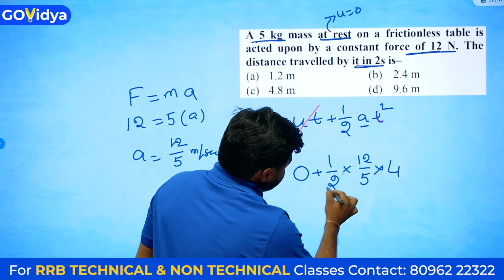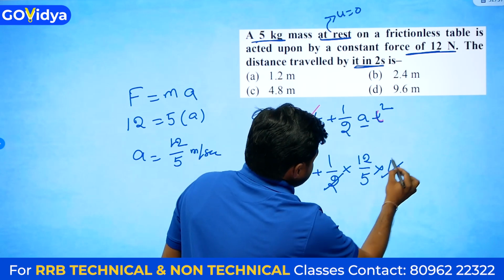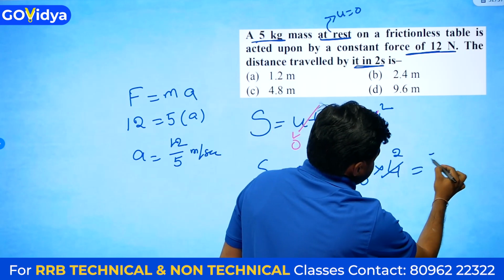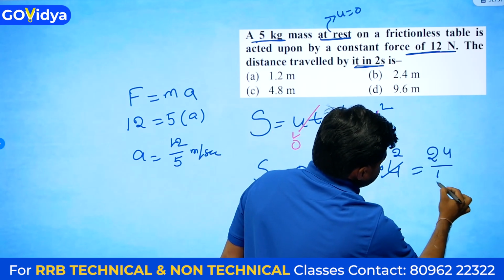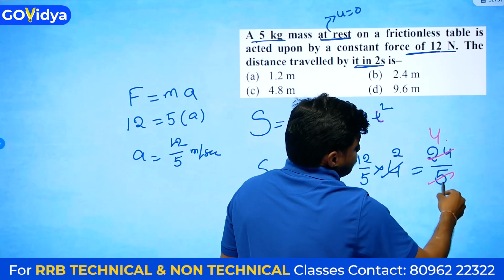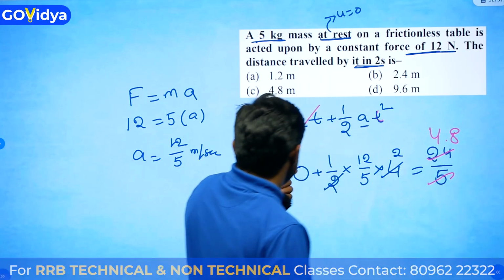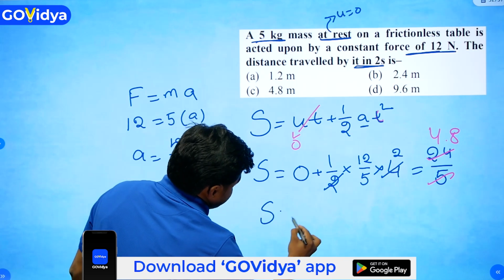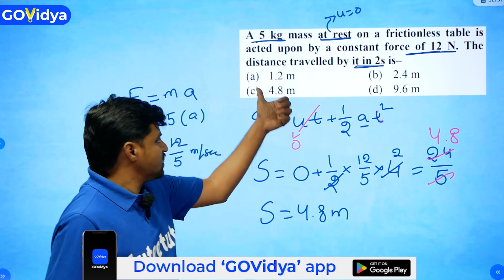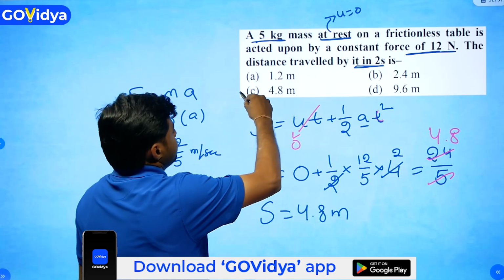Okay, 2 1 ja, 2 2 ja, 24 by 5. Okay, 5 1 ja, 5 4 ja 20 and 0.58 ja 40. 4.8. Distance is 4.8 meters. Okay, from the options, option C is the correct answer.